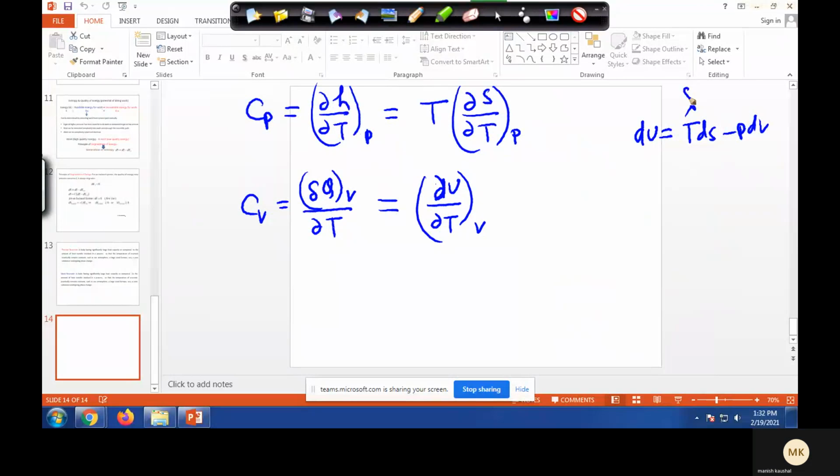Because this is dq reversible. So basically differentiate this equation with respect to T at constant V.